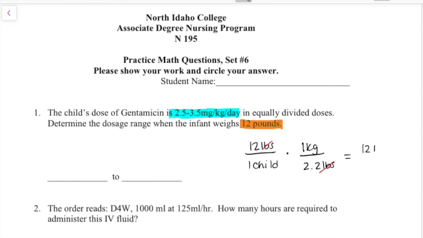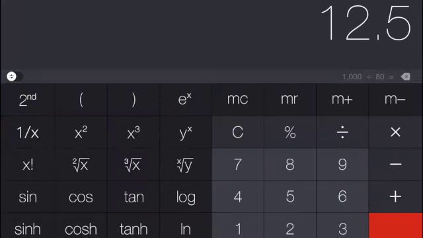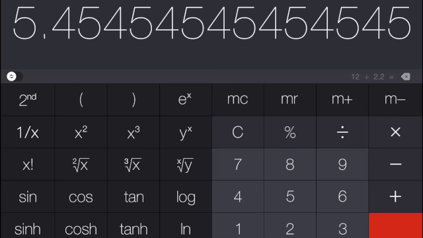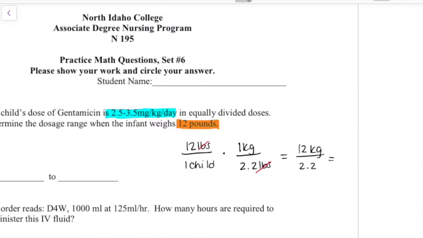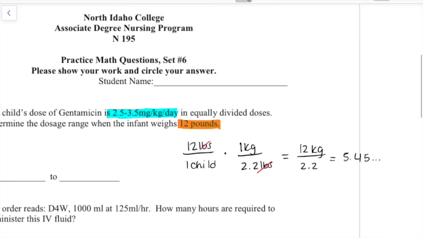So 12 kilograms over 2.2. So 12 divided by 2.2 is 5.454545. And we'll leave that in the calculator so that it's accurate.